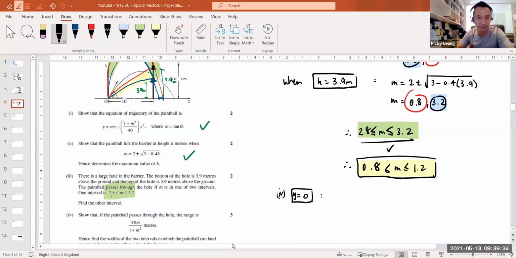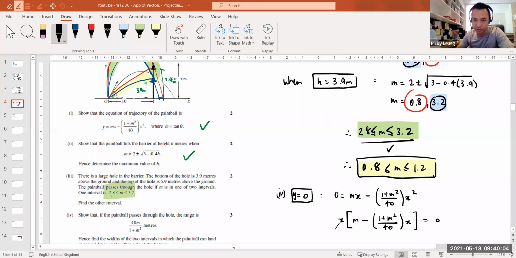Yep. So once again, using my Cartesian up here, 0 equals mx minus (1 plus m squared) over 40 times x squared. I'm trying to solve for x, so maybe factorize x out. x equals 0, I don't care about this one.